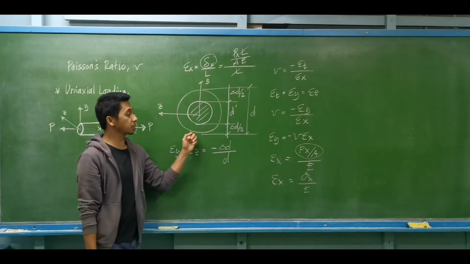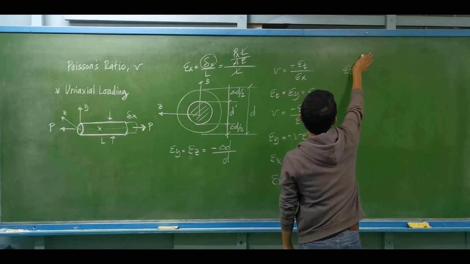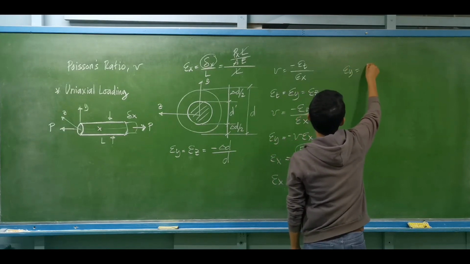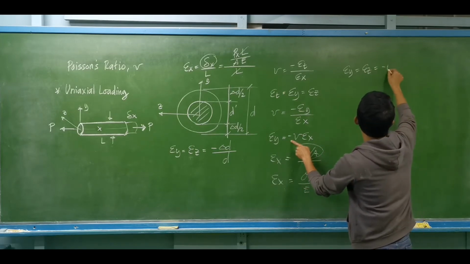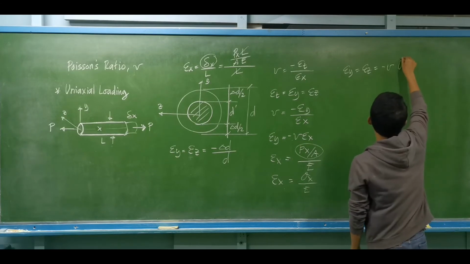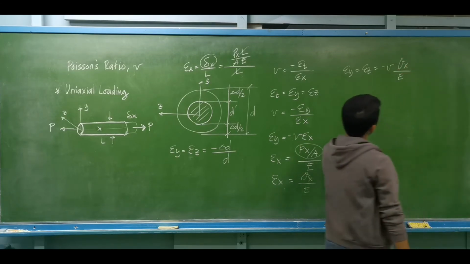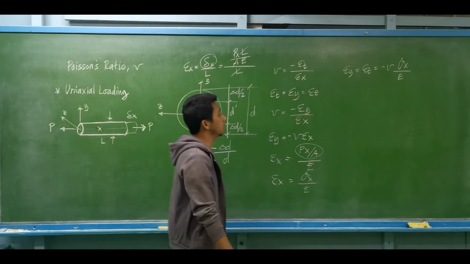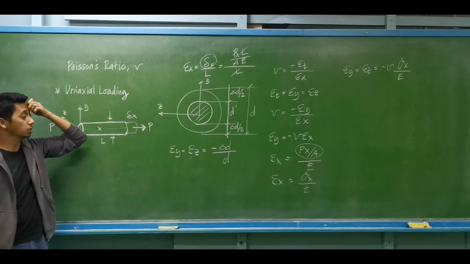Again, for this case, the strain along y is also equal to the strain along z, equal to the negative Poisson's ratio multiplied by the strain along x, which is the stress along x divided by the modulus of elasticity. So this is for a uniaxial loading, for the Poisson's ratio.